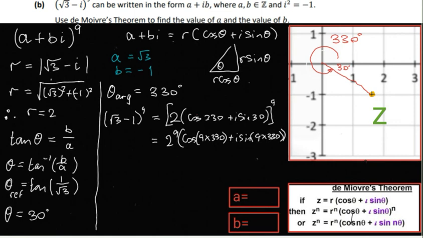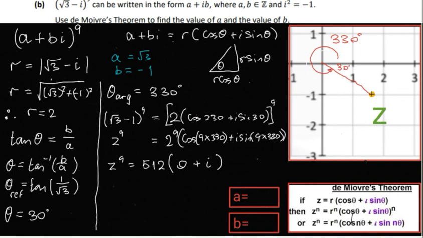So let's work all of that out in our calculator. And that will give us 2 to the power of 9 is 512. Cos of 9 by 330 will give 0. And sine of 9 by 330 in degrees, by i, will give a 1.